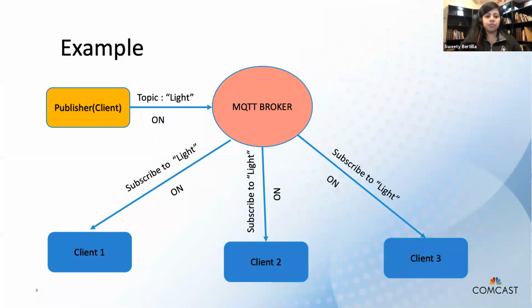Let's look at an example. Here, a simple topic is light. Client 1, client 2, client 3 are subscribed to this topic light, and the publisher is publishing to this topic light a message called on. That means it's saying that the light is on, and you can see all the clients are receiving that message. As simple as that. That's how it works.